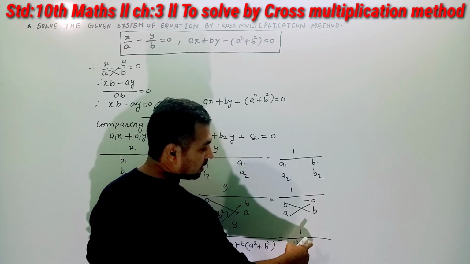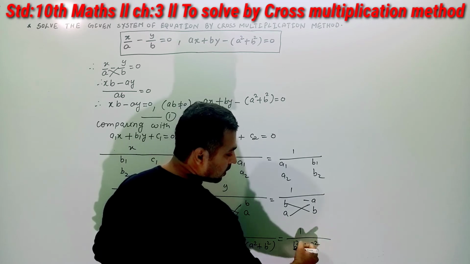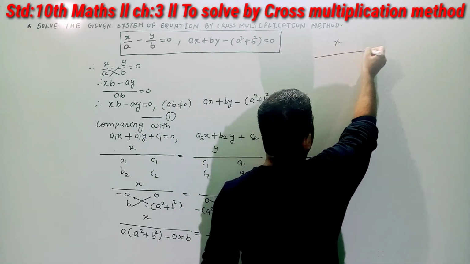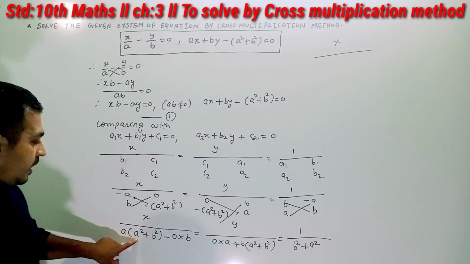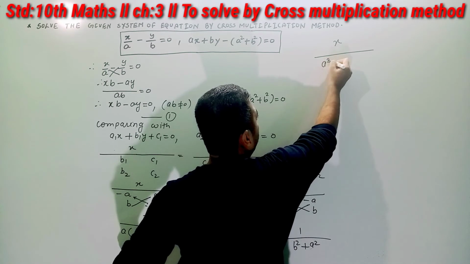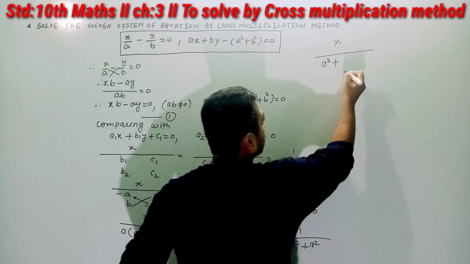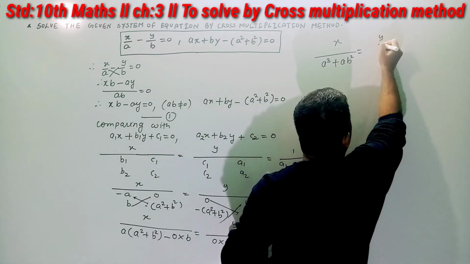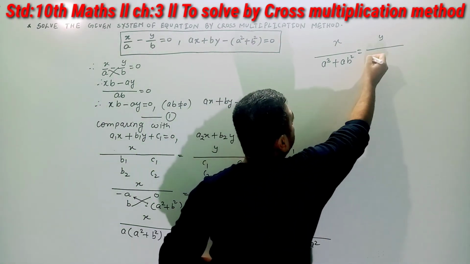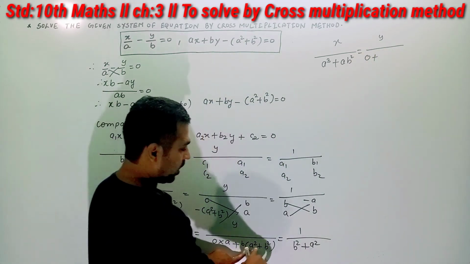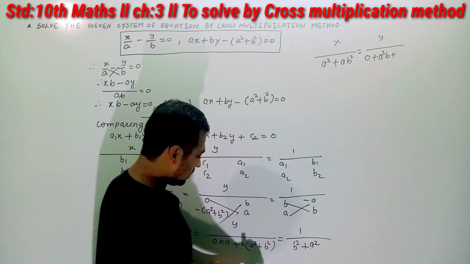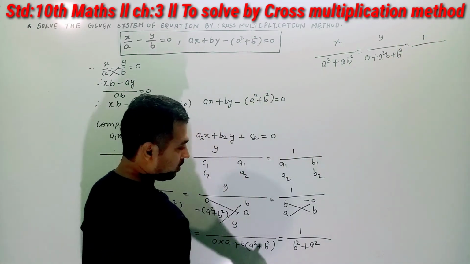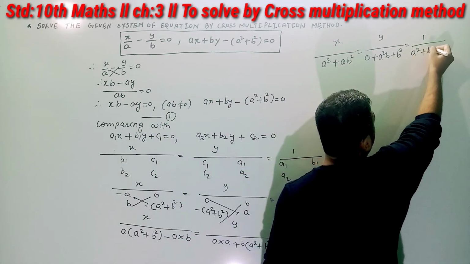So simplifying, x upon a into a square plus a into b square, that is a cube plus a b square, is equal to y upon a into 0 plus b into a square, that is a square b, plus b into b square, b cube, equal to 1 upon a square plus b square.